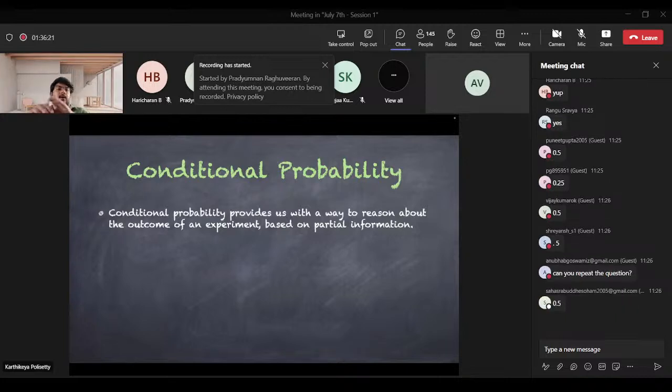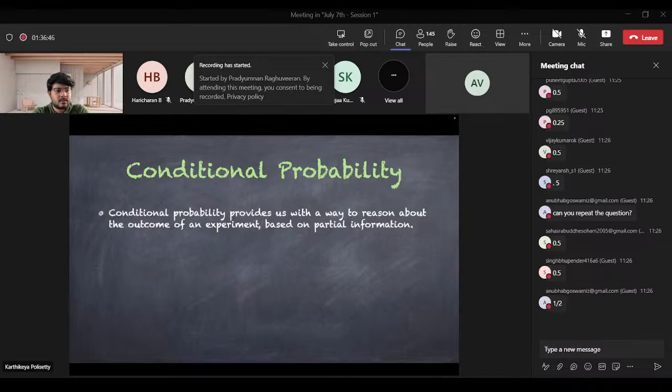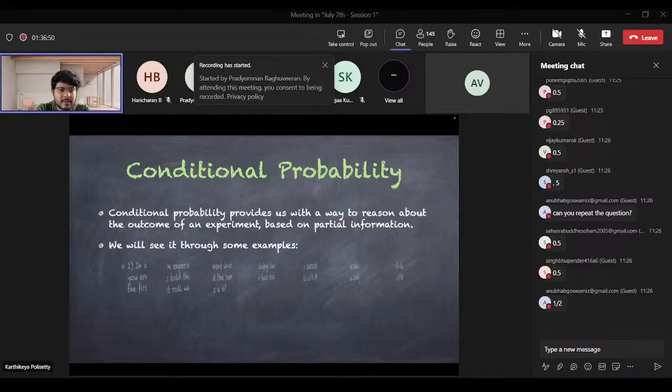You are performing an event of tossing a coin twice, and you are given that the first toss is a head. What is the probability that both tosses are heads? We'll see it through some examples.